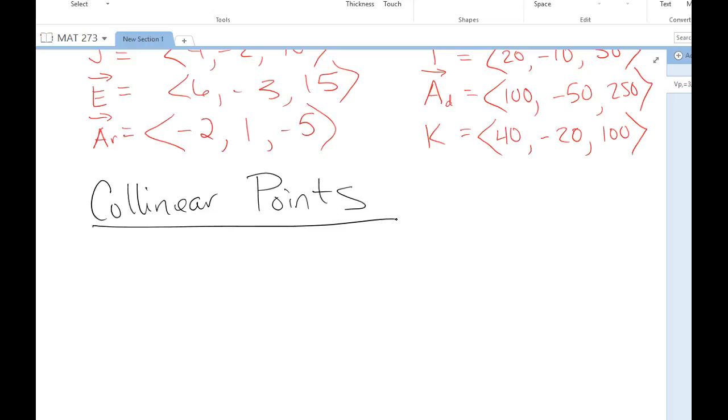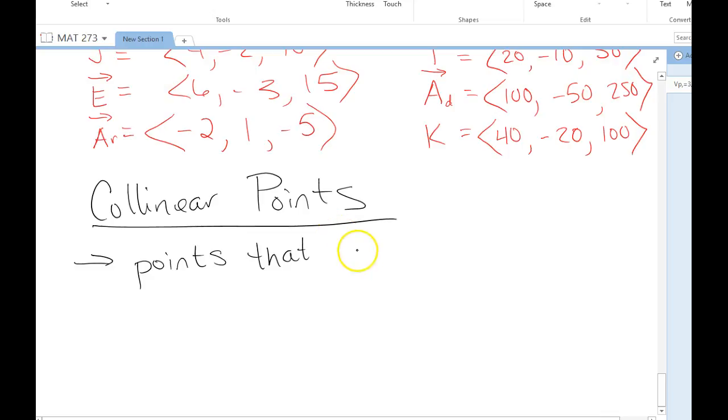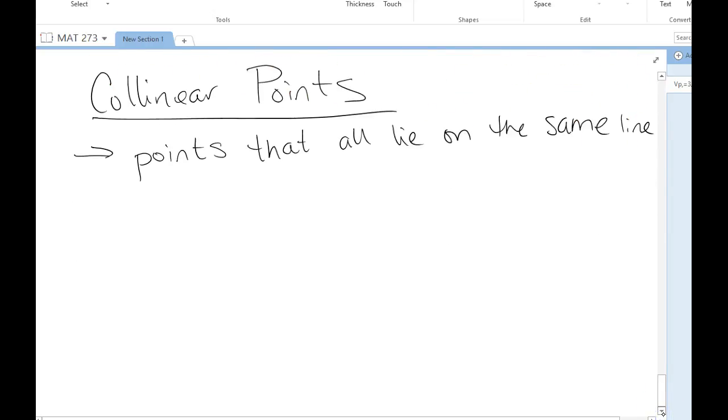So collinear points are points that all fall along the same line, or that all lie on the same line. We are going to use vectors to prove collinear points.